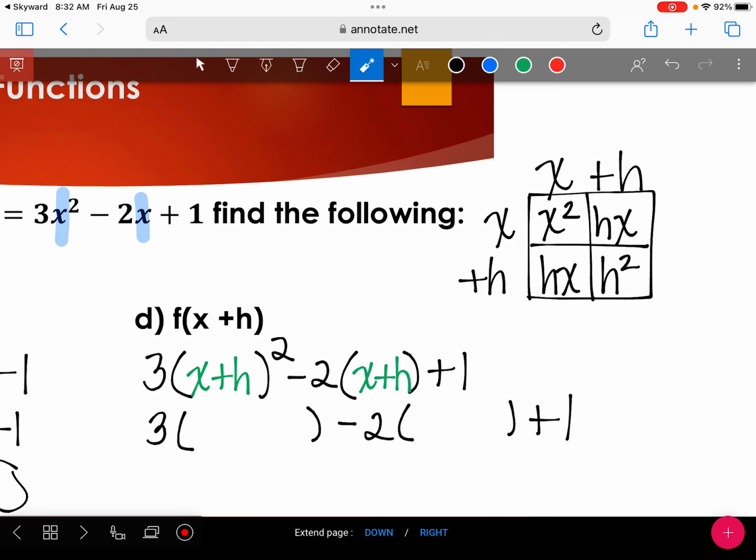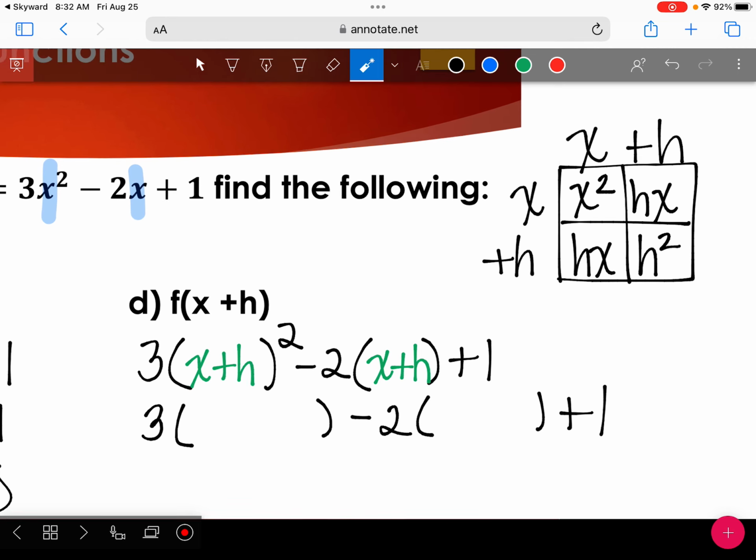And generally you put them in alphabetical order, but it's not wrong if you put x first. So you could also say 2xh, but h comes first in the alphabet, so I'll put it first. So we have x squared plus 2hx plus h squared.